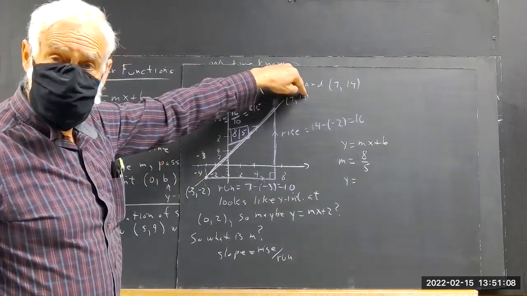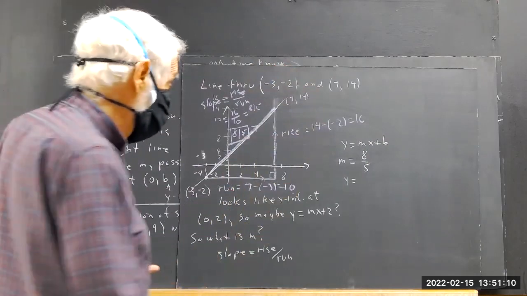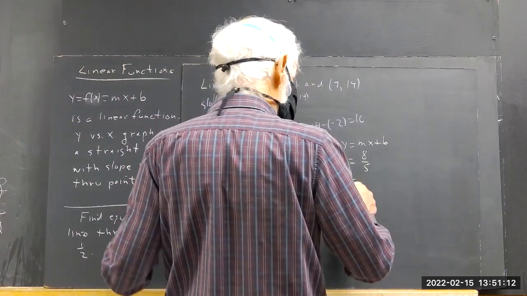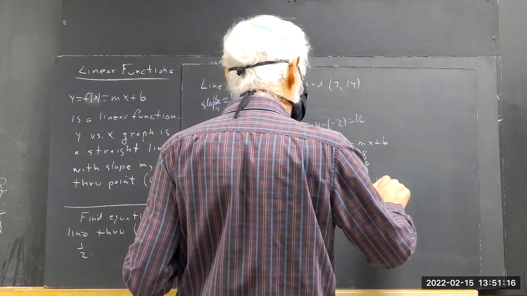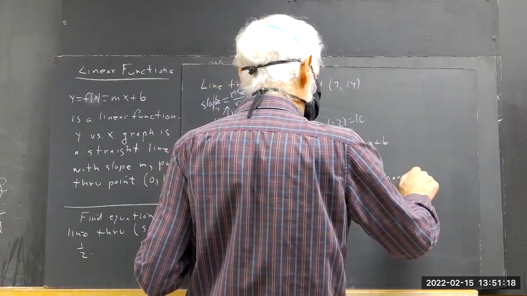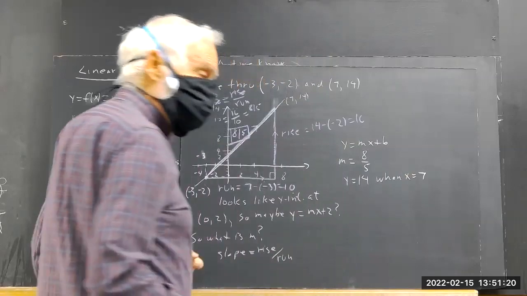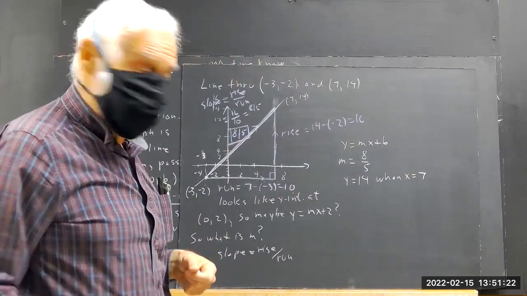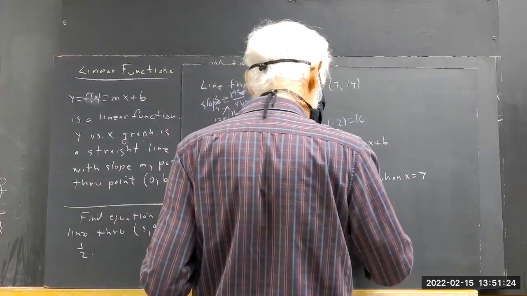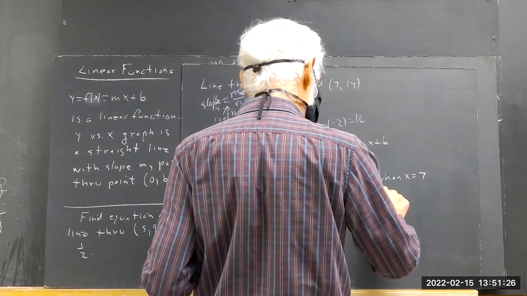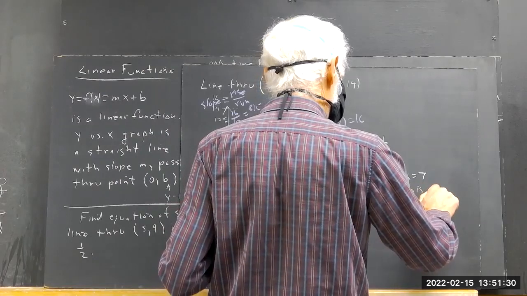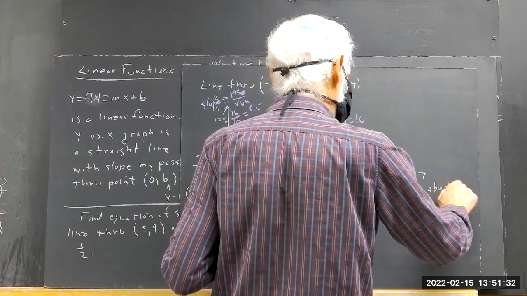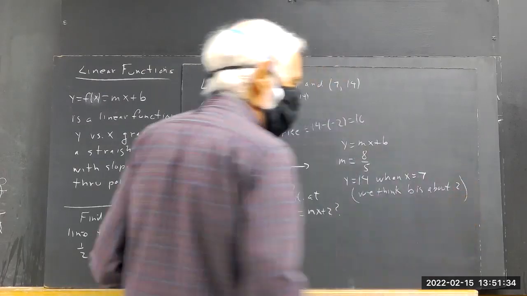So I'm going to stick with positive numbers, but that's a matter of taste. I would probably go with the smaller negative numbers, but y equals 14 and x equals 7. Okay. And we think b is about 2, but we're going to check that.